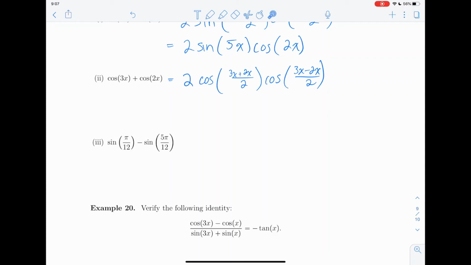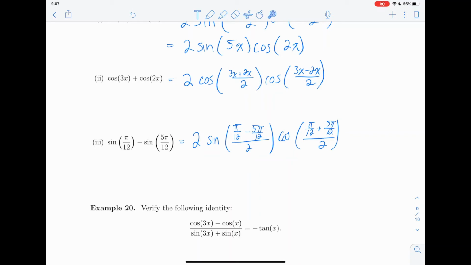So you might encounter something like the sine of pi over 12 minus the sine of 5 pi over 12. This is the difference of two sine waves. While using the difference formula, we can end up with rewriting this as 2 times the sine of their difference, pi over 12 minus 5 pi over 12 all over 2, times the cosine of their sum over 2, pi over 12 plus 5 pi over 12 over 2.